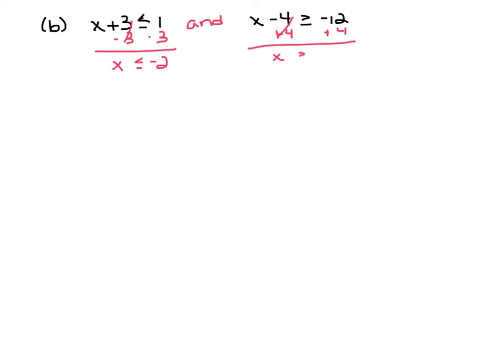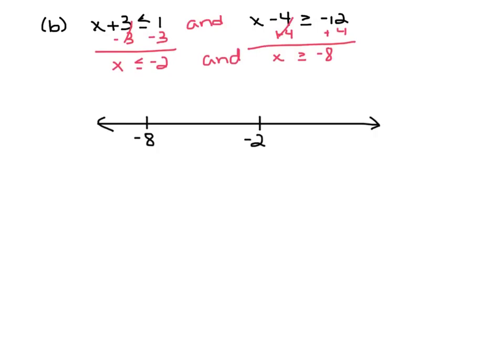So x is greater than or equal to negative 8. Okay, so if I go ahead and put negative 8 and negative 2 on a number line, then my first inequality is x is less than or equal to negative 2. So less than, I'll shade this way.